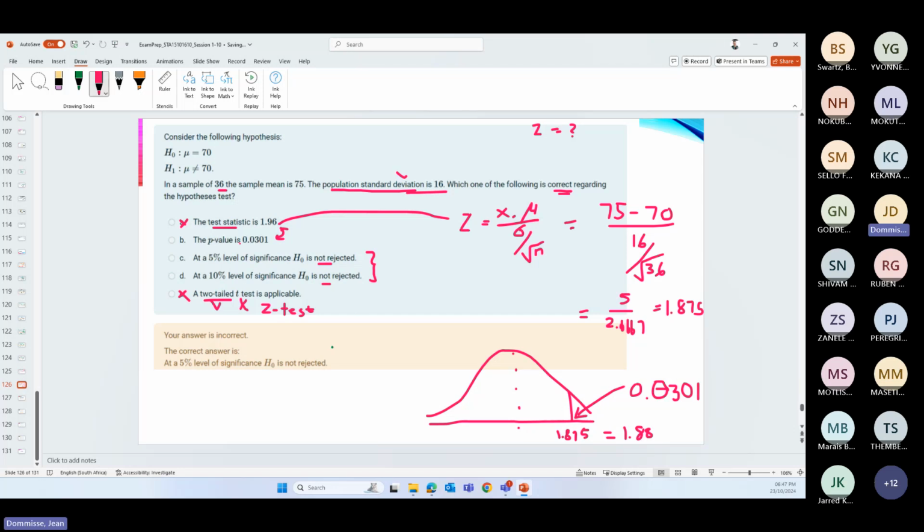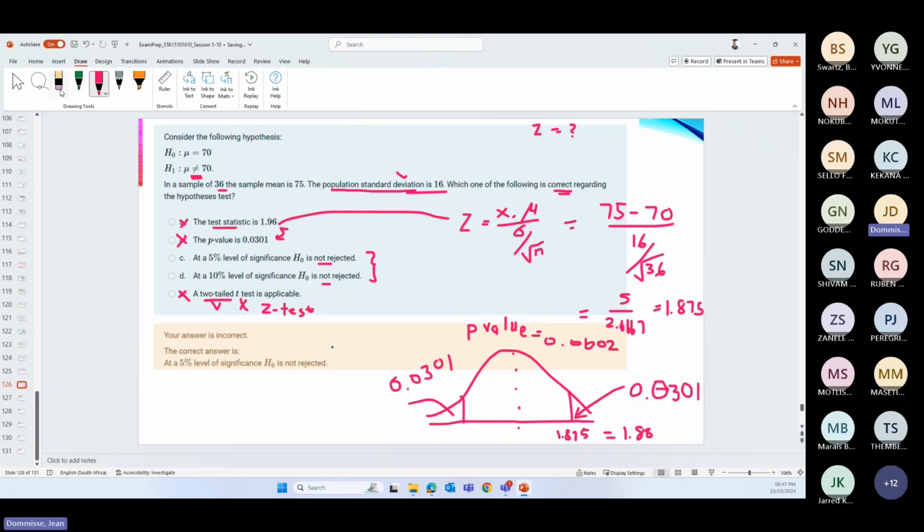Okay, so the p-value is 0,0301. Also actually incorrect because we're working with a two-tail. We've got a 0,0301 here as well because it is two-tail. So our p-value is actually 0,0602.